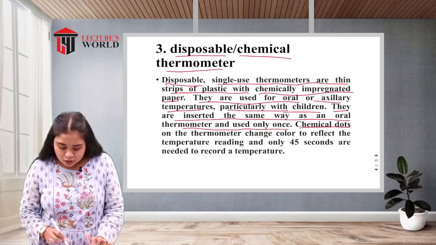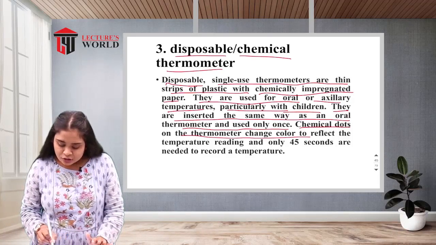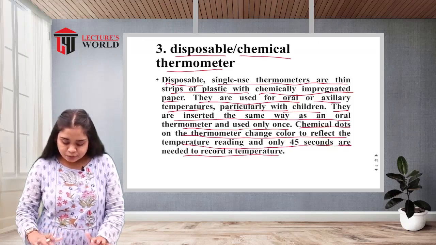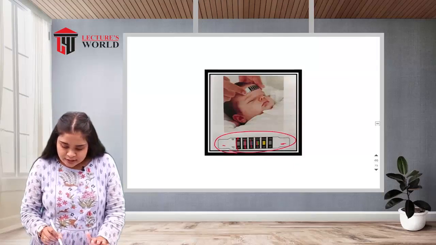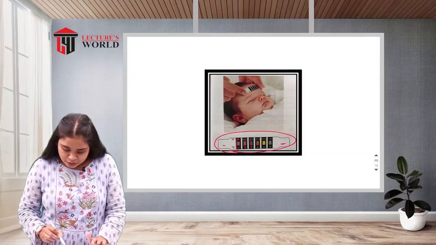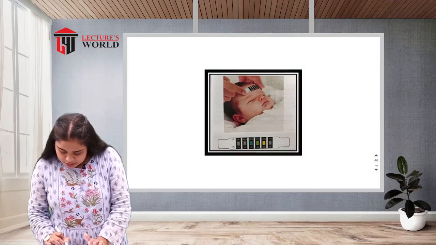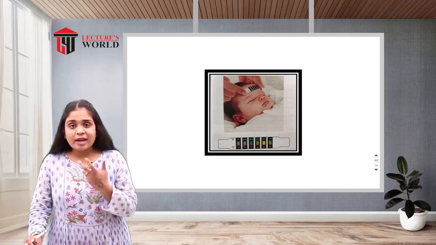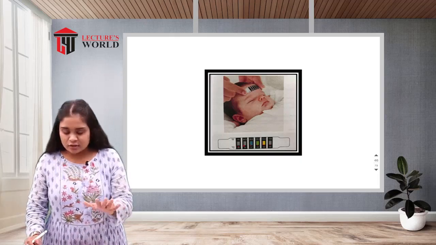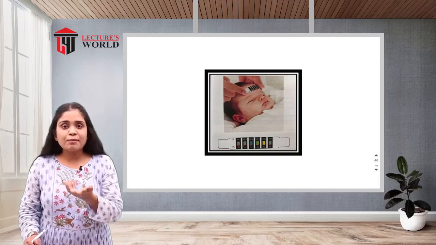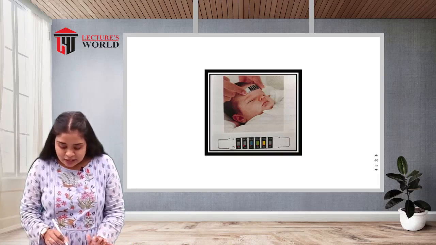Then chemical dots on the thermometer change color to reflect the temperature reading, and only 45 seconds are needed to record a temperature. So here you can see, this dotted line is showing the temperature, and according to the temperature of the body they will be indicating.